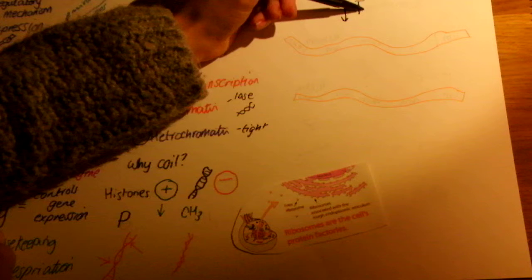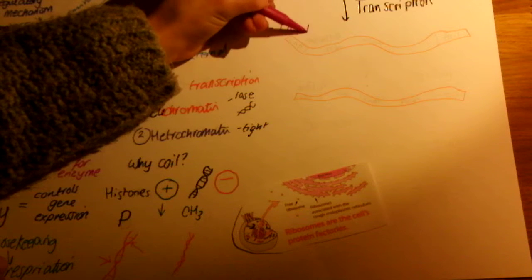So after we've gone through transcription, we get a precursor molecule, which is pre-RNA. So we result now in pre-mRNA. That's our first step.